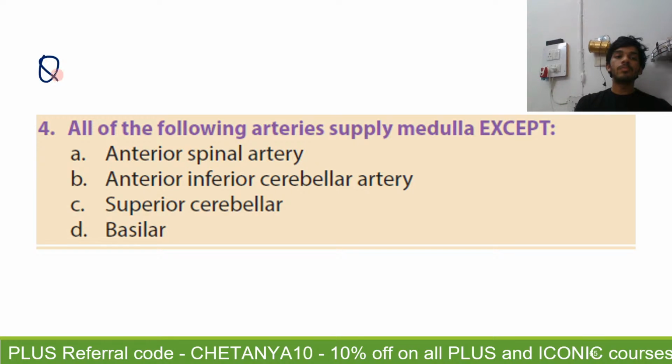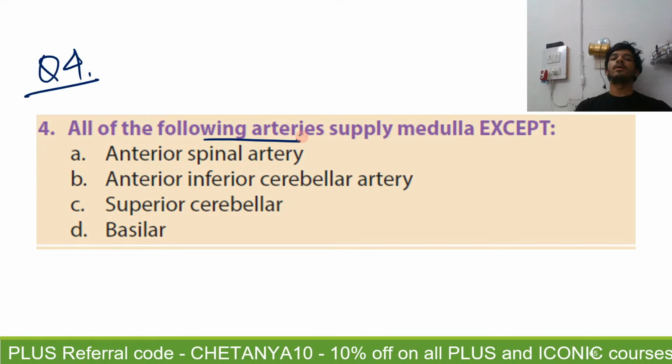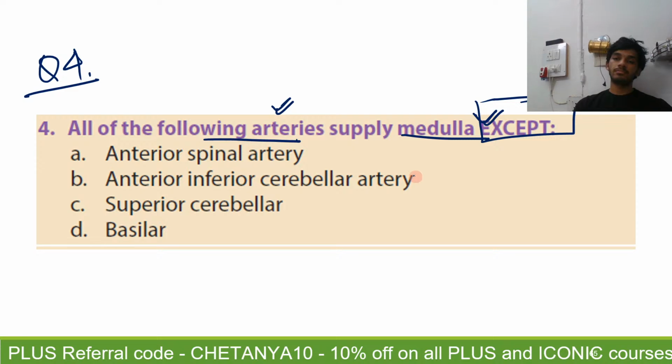Question number 4. All of the following arteries supply the medulla except. You have to know the blood supply of the medulla for this. If you have a general orientation of how the circle of Willis is oriented, you can almost guess which region will have blood supply from which artery.